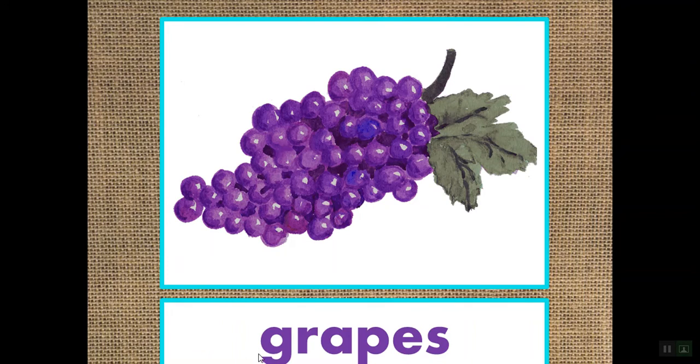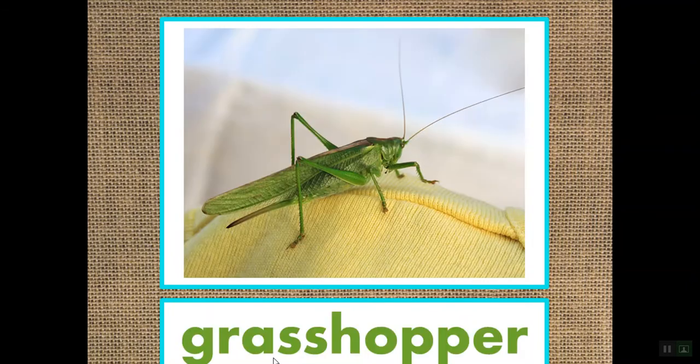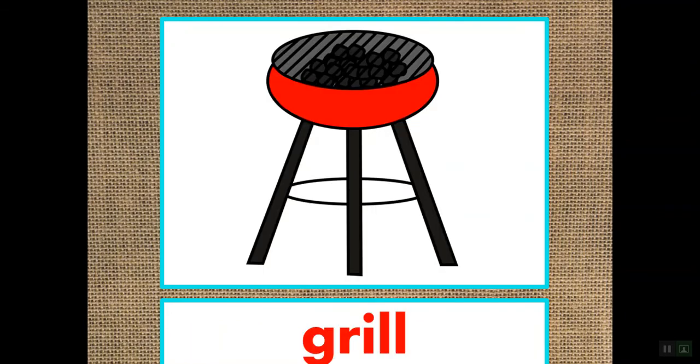Once again, that G is saying G. And here we have a grasshopper. Say grasshopper. Grasshopper is also a compound word. We can take grass and hopper and put them together to get grasshopper. And here we have a grill. Say grill.